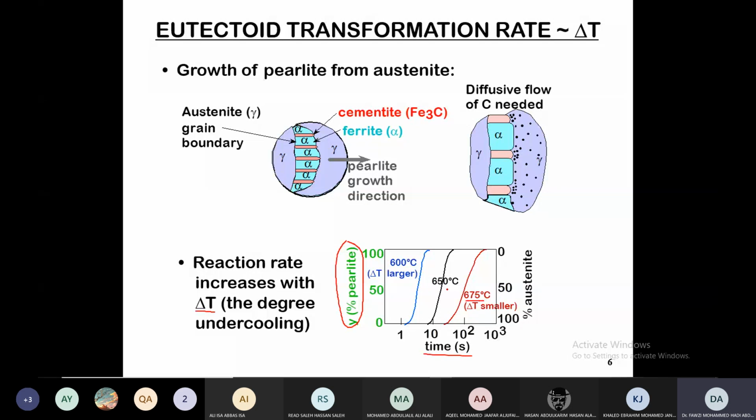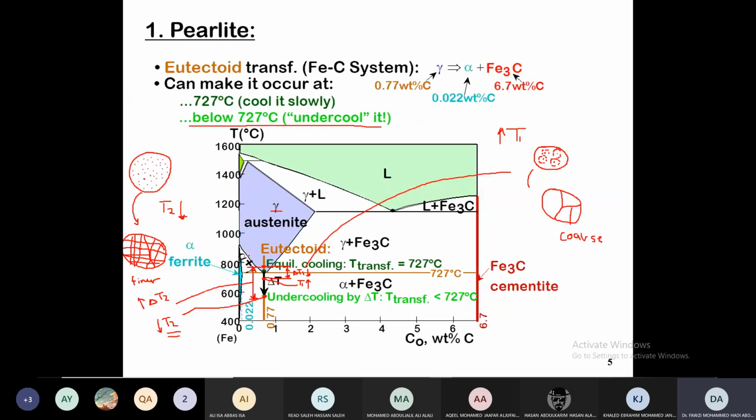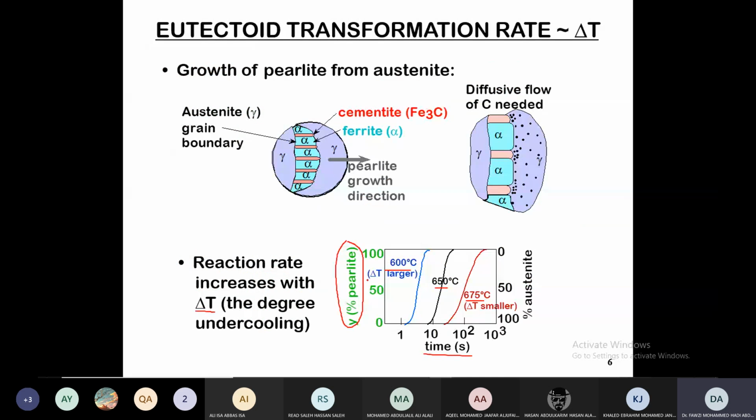This is for 675, for 650, and that is at 600 degrees centigrade. You can see when you jump from above the eutectoid isotherm to 600 degrees centigrade, it means that you have a large jump, and the delta T is large.